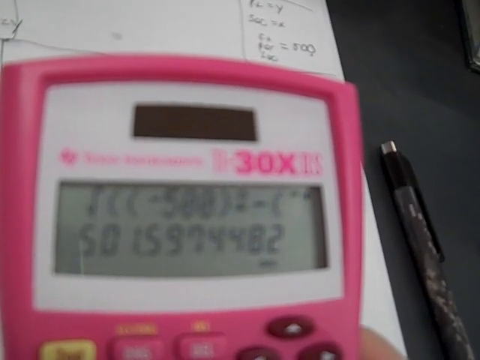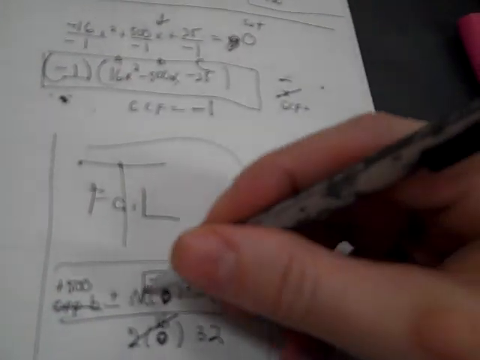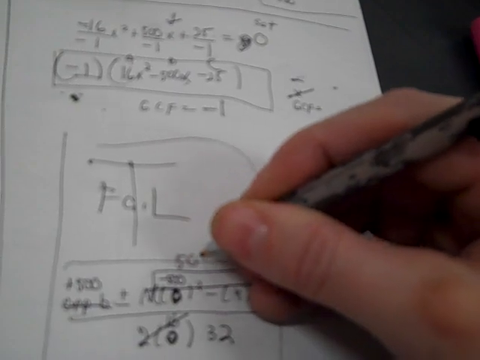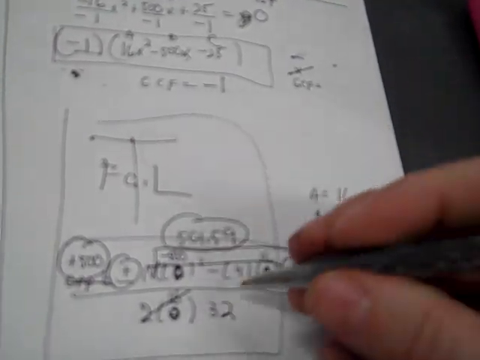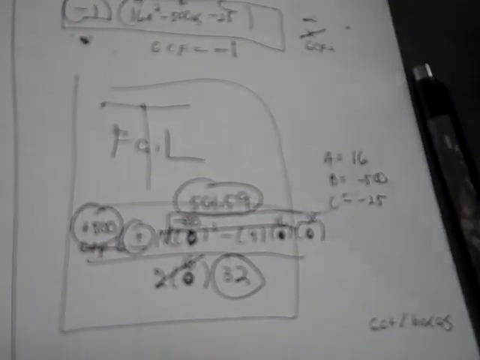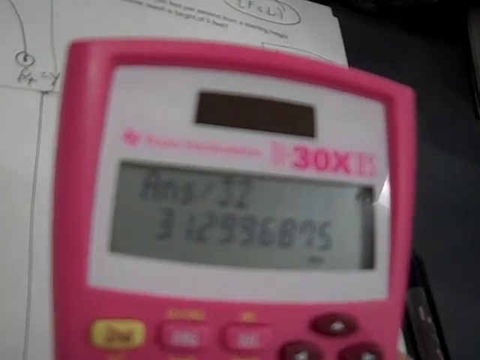I got 501.59. Cross it out. 501.59. And I got 500 plus or minus 501.59 over 32. So I take 500 plus 501.59 equals, and then divide by 32. 31.29.